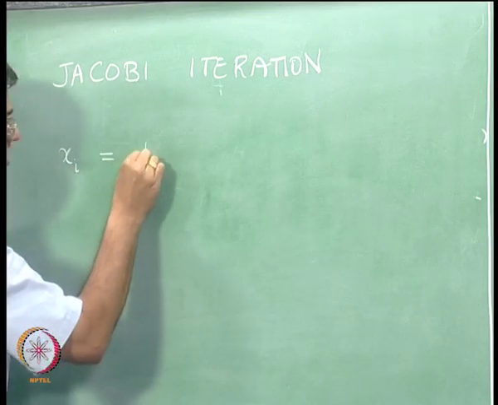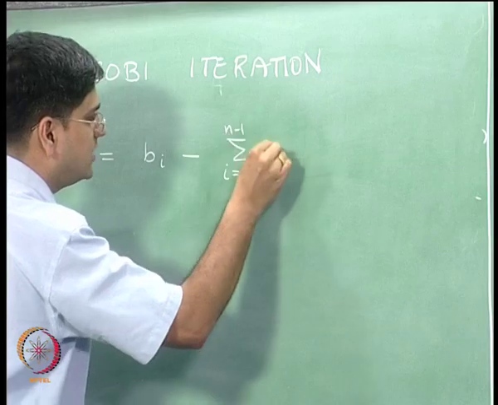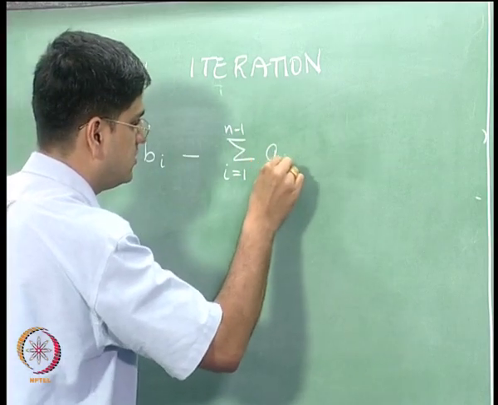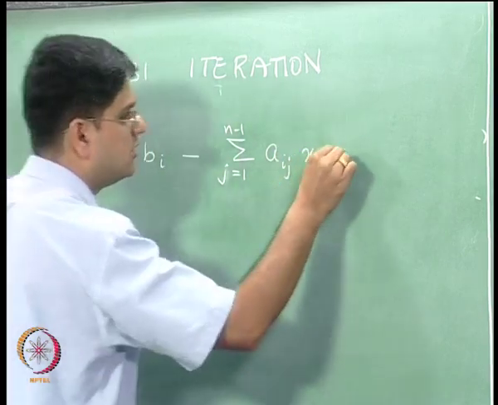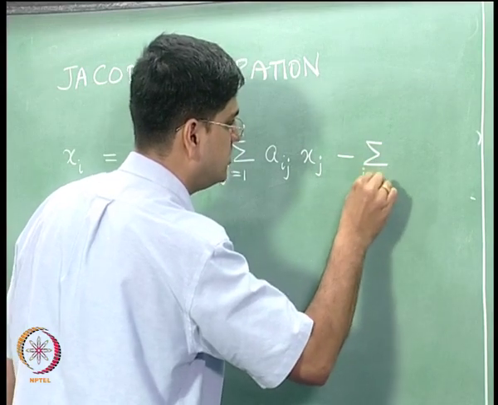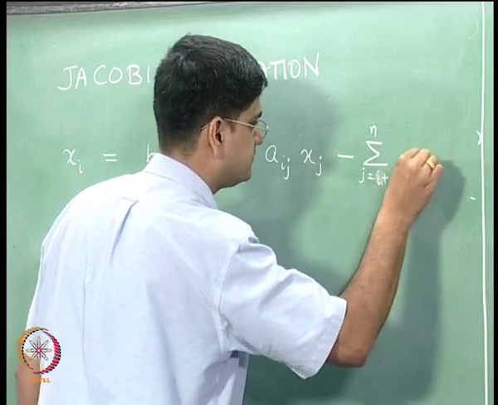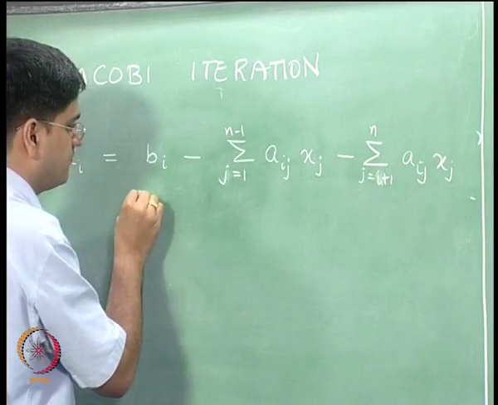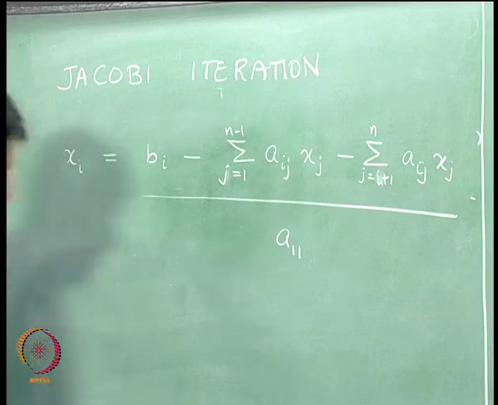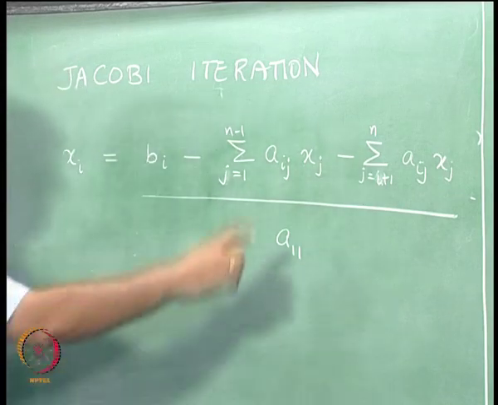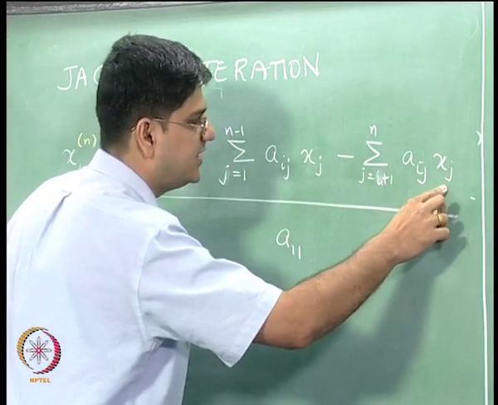So we have xi equal to bi minus summation aij xj minus summation j equal to i plus 1 to n aij xj. What we had in Gauss-Seidel iteration is that this had an index n, whereas this had an index n minus 1.